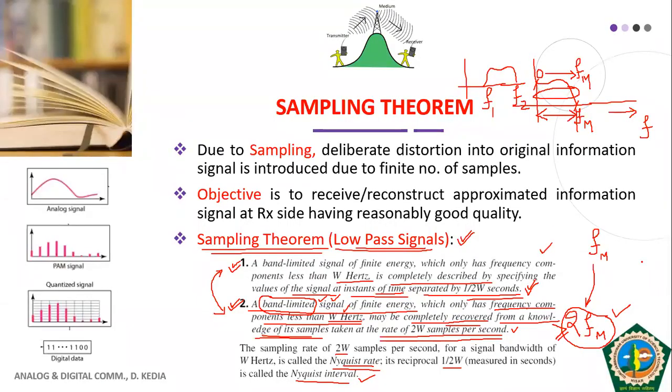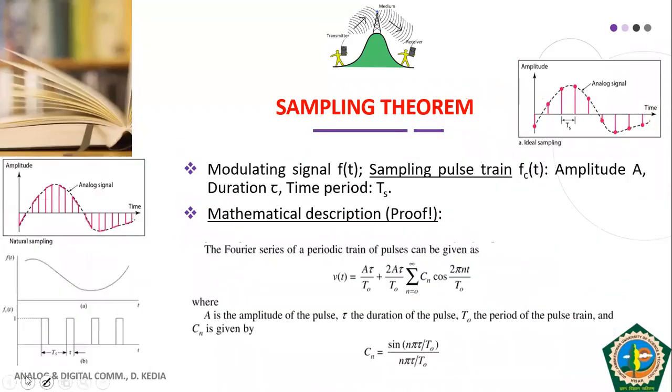So students, after looking into the statement of the sampling theorem, now let us talk about its proof. We will explain the sampling theorem mathematically. If you remember, I have already proved the sampling theorem during pulse amplitude modulation, though I did not explicitly say at that time that this was the proof.